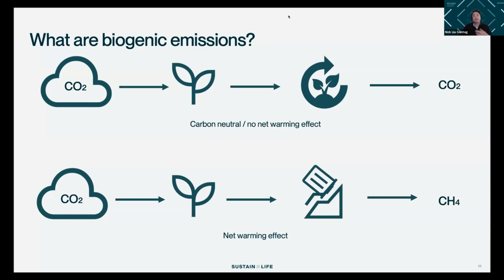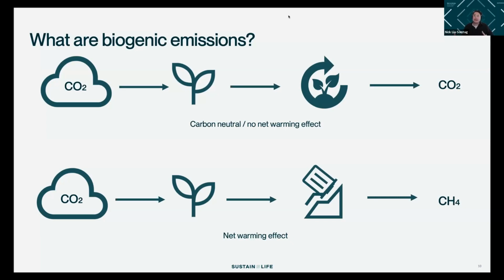So if we look at this top process here, what we have is CO2 on the left that's in the atmosphere. It gets absorbed by some kind of plant, and then somehow that plant ends up in a compost pile. Let's say that was a crop or something like that. As we know from the previous slide, composting releases CO2.